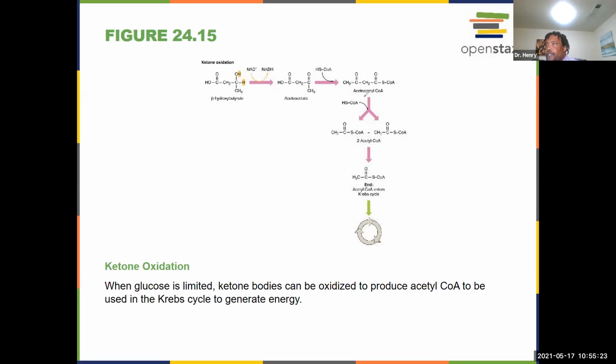So then you're going to get acetoacetyl-CoA, and you're going to end up getting 2 of those. So it's going to split by the addition of another CoA molecule, and you're going to get 2 acetyl-CoA. And then the 2 acetyl-CoAs are going to be able to enter the Krebs cycle.